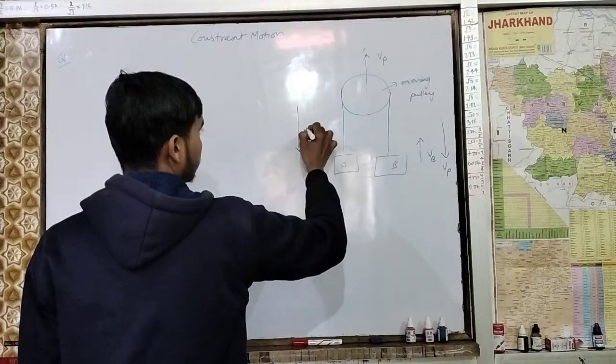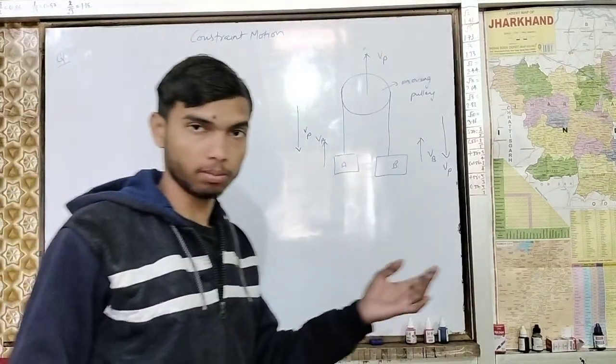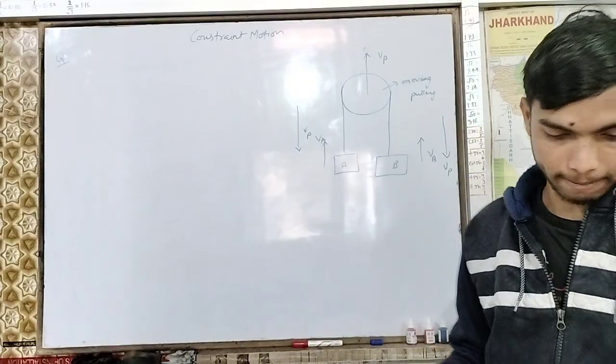Over here also VP will be downward. Who is observing? The pulley is observing.